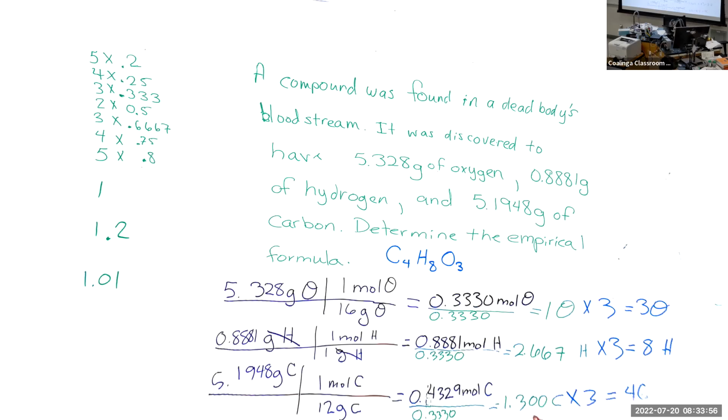So this guy was 1, after we divided it by the smallest number. This guy was 2.66. What am I gonna do? I'm gonna multiply by 3, because 0.6667, I multiply by 3. If it's close to 0.3333, I multiply by 3.